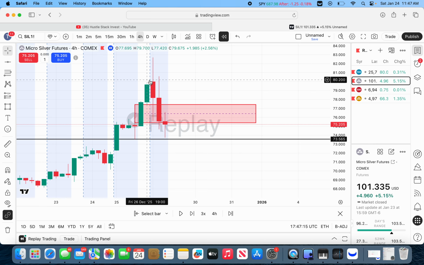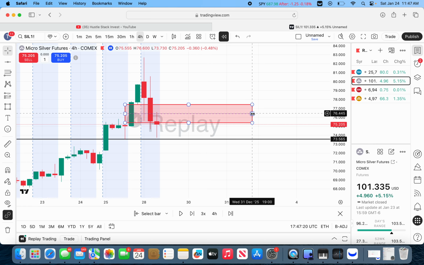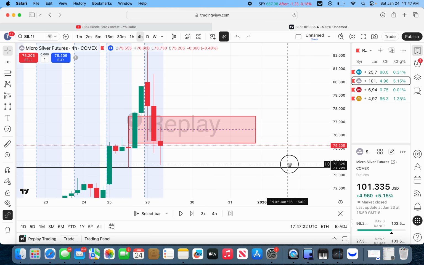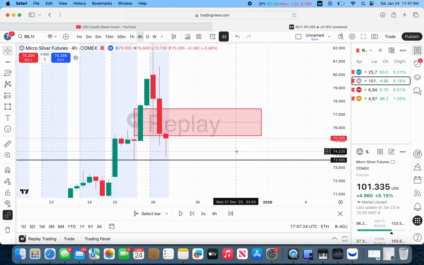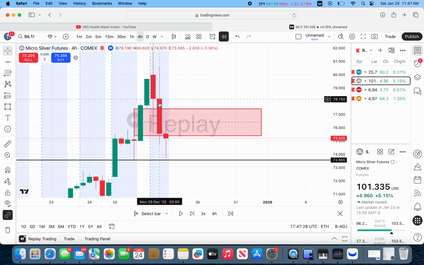But actually, this is where I want to show y'all an inverse fair value gap. But in this example, it's not going to truly be an inverse fair value gap, only because these candles are overwicking this big candle, right? So this is not a fair value gap, but it did disrespect this original fair value gap that we had, because this was our fair value gap.